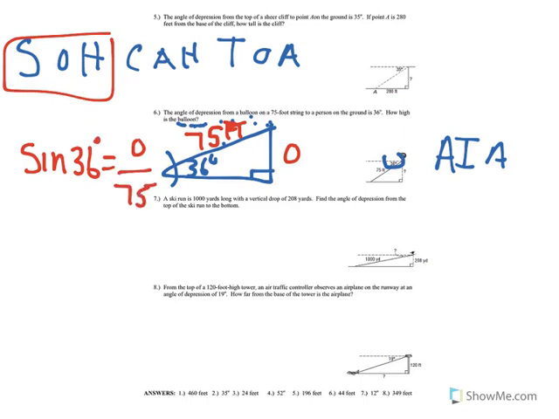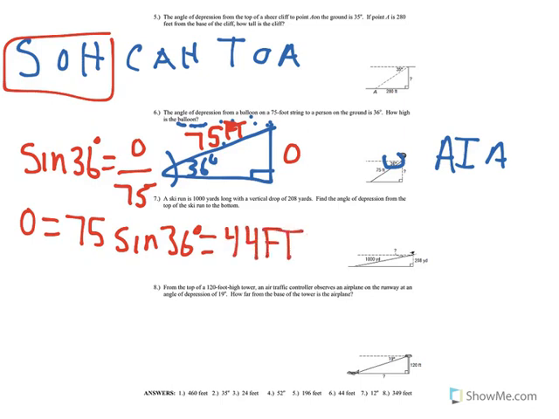And this is in degrees, so to solve for O, we're going to do O equals 75 times the sine of 36. Okay? And on problem 6, you should have gotten 44 feet.